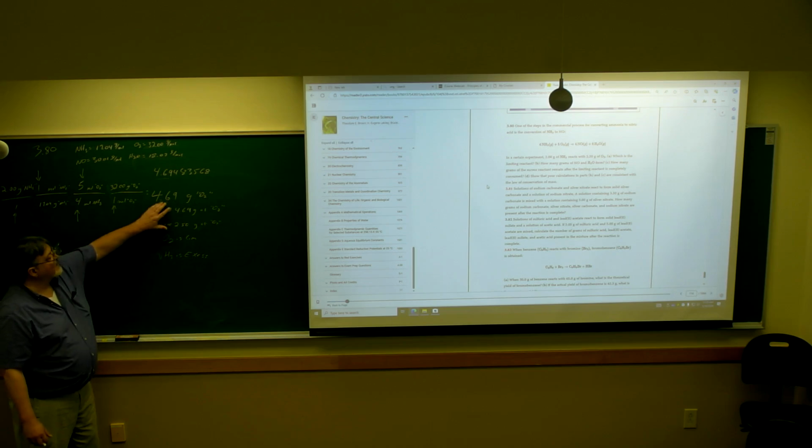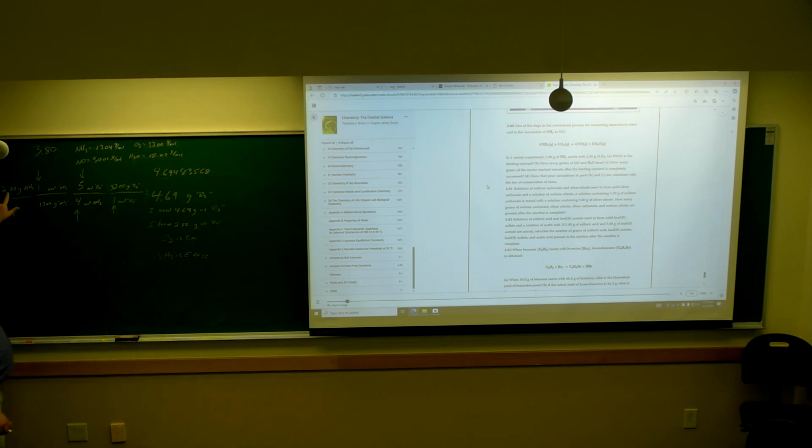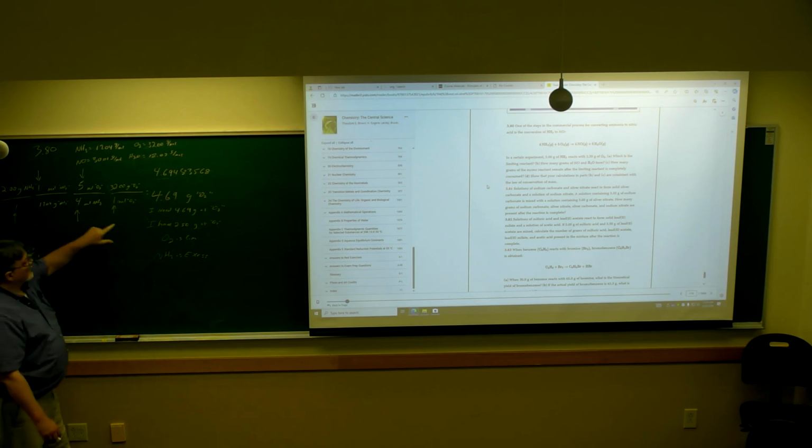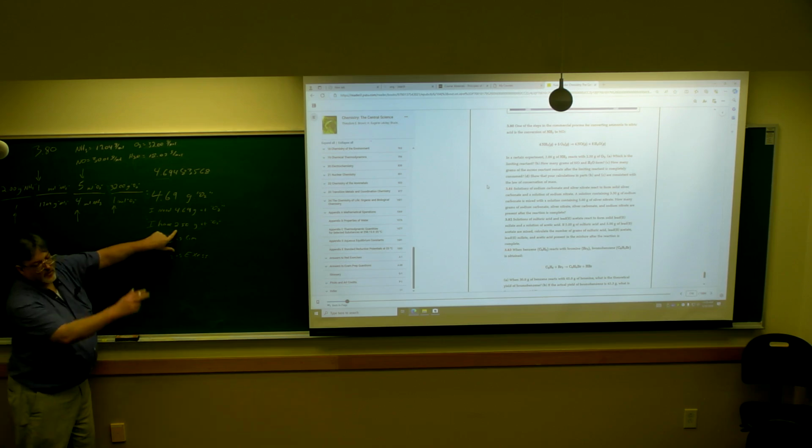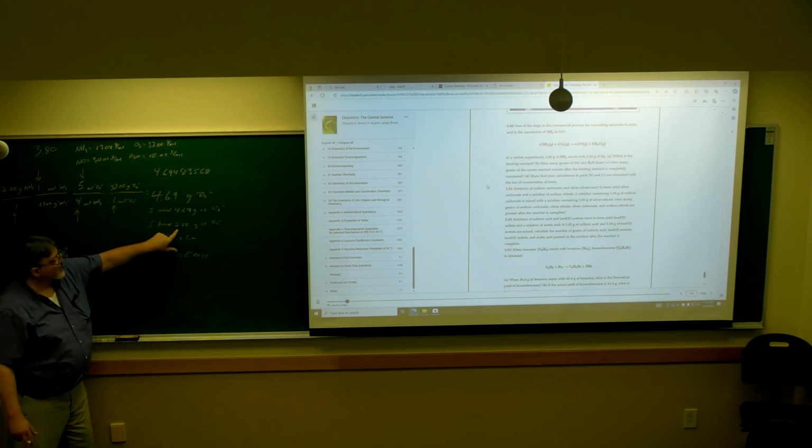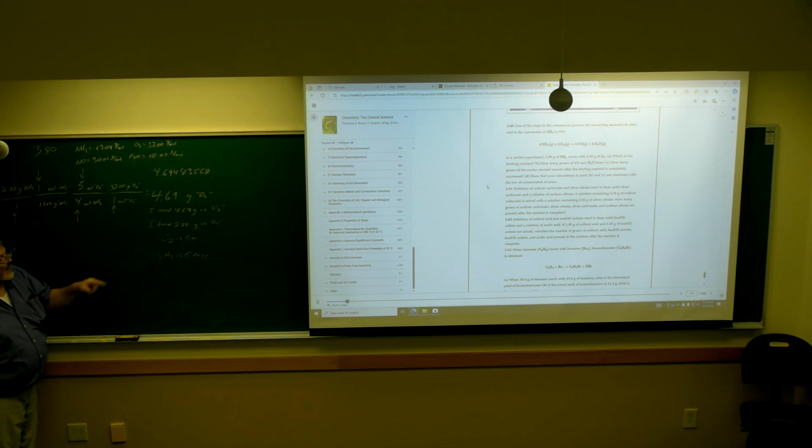This is how much I need of O2 to react with 2 grams of NH3. But actually I have only 2.5, so the O2 is limiting because I have less than I need. So again, this is where you get confused, but it is straightforward. You just have to think through a couple of these problems.